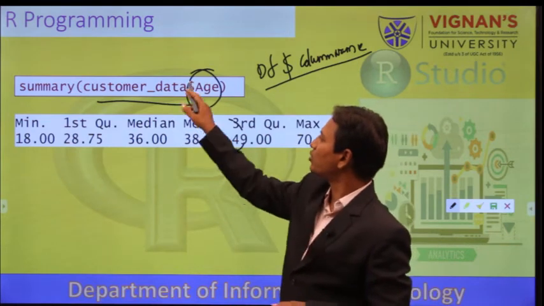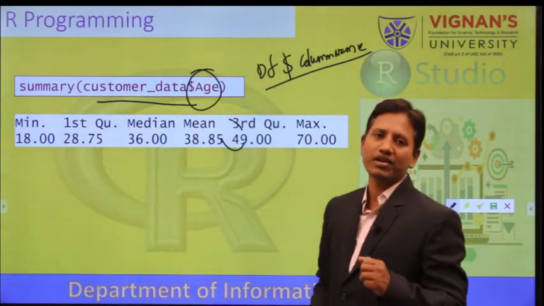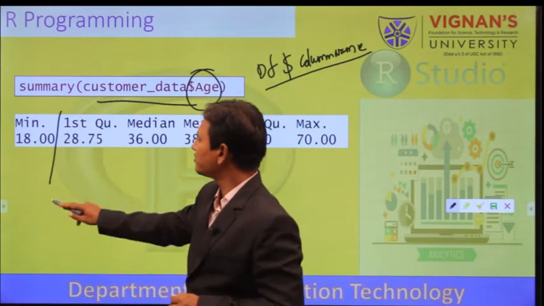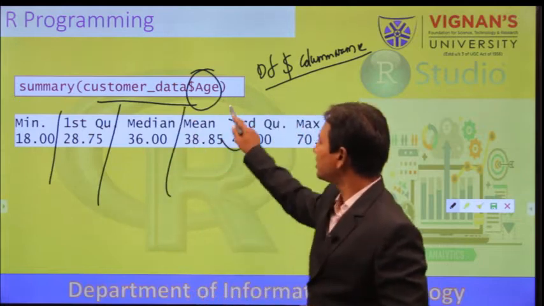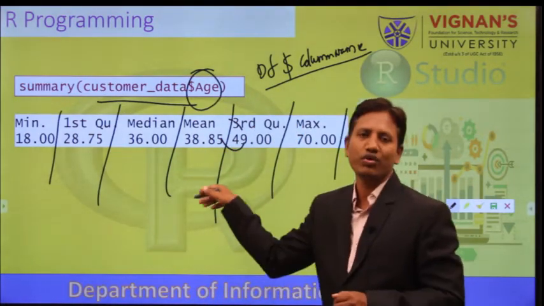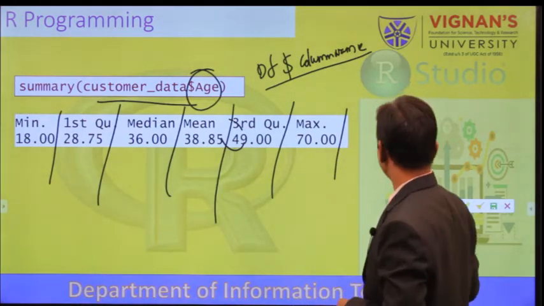So data frame dollar column name. So we have got only the age summary. That is the minimum value, the first quartile, median, mean, third quartile and maximum value, which we have already seen. The same values we have got.